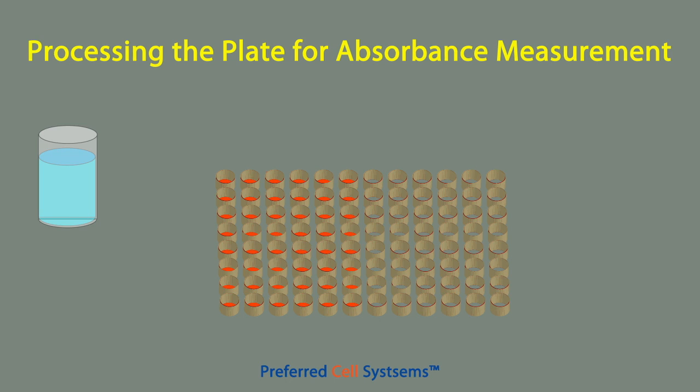To do this, place the 96-well plate in a hood to keep the plate sterile. Remove the lid. Peel off the back of the foil and press the adhesive side onto the top of the plate firmly. With a sharp knife or scalpel, the foil will be cut, in this case, between the 6th and 7th column.